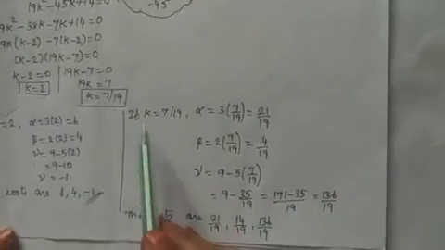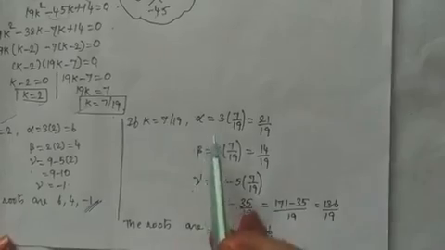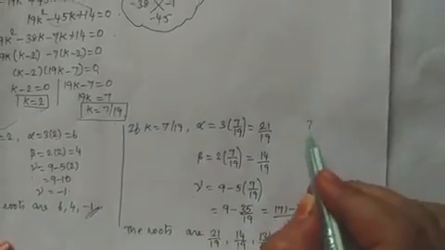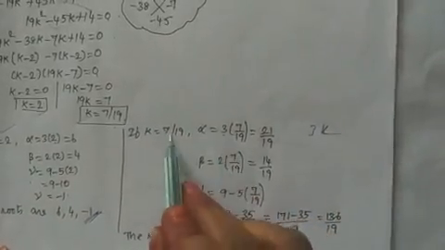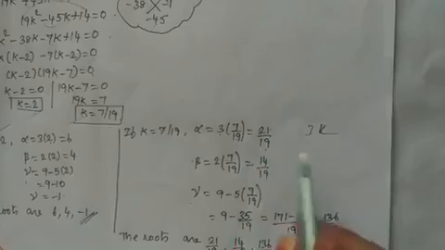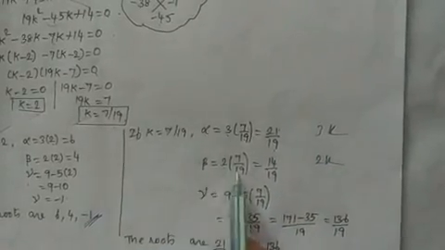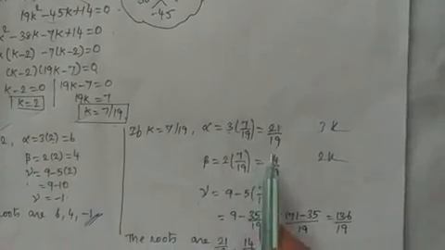Next, if the k value is 7 by 19, we find alpha, beta, gamma the same way. Alpha is 3k, so 3 into 7 by 19, 7 3s are 21, so 21 by 19. Beta is 2k, 2 into 7 by 19, 7 2s are 14, so 14 by 19.